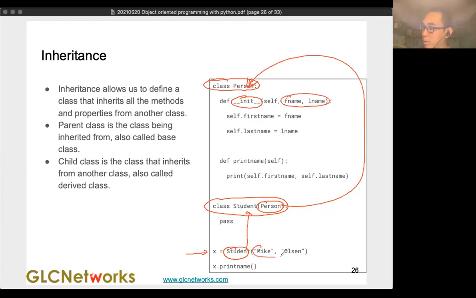So your parameters here will be put there. The f name becomes this, the l name becomes this, and the content here will be put here. Done. Then we have a pass.